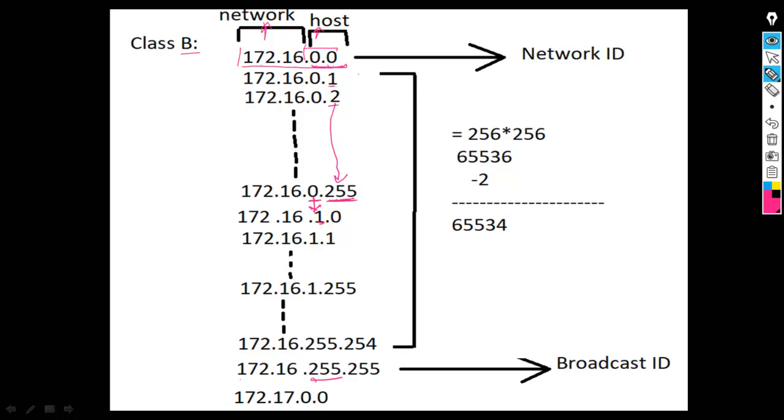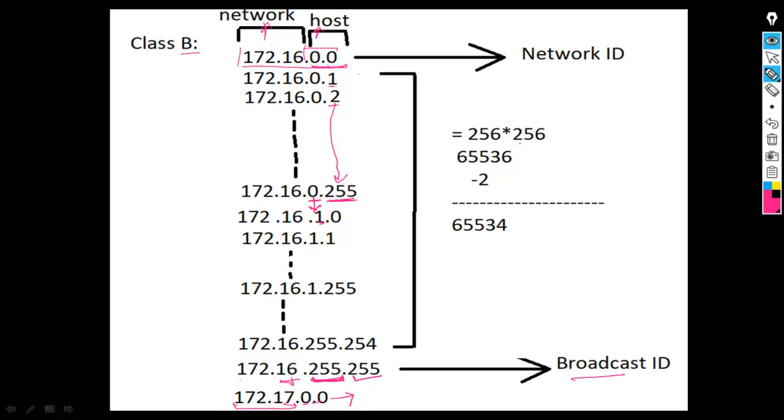So now our third octet is also full and now the change will be in our second octet. So our next IP will be 172.17.0.0. Now you can see the network ID has changed. So 172.16.255.255 will be the last IP of this network, which will be considered as a broadcast ID.